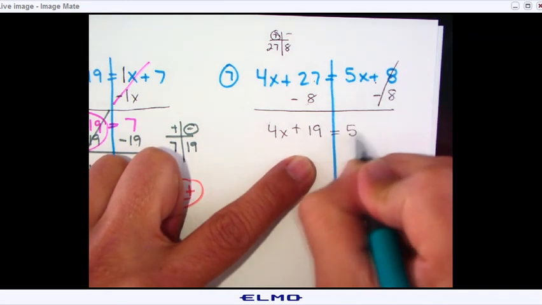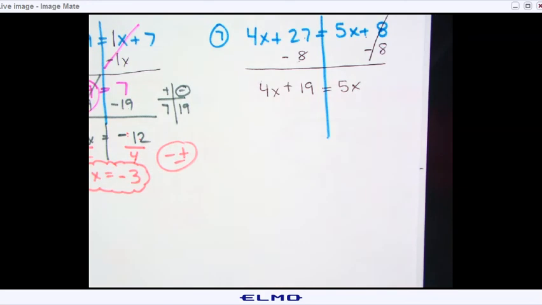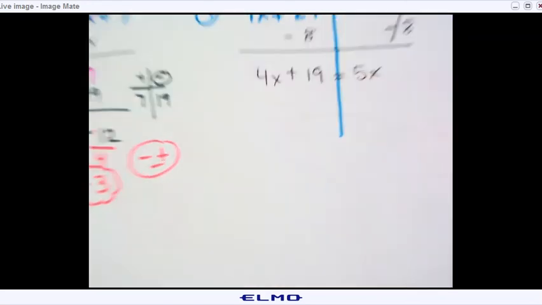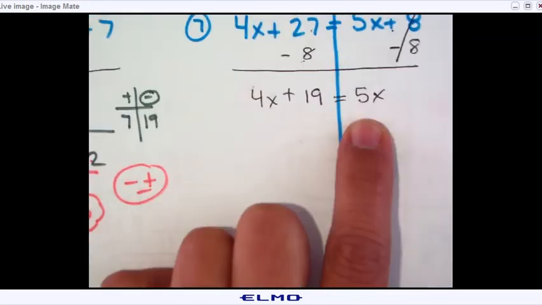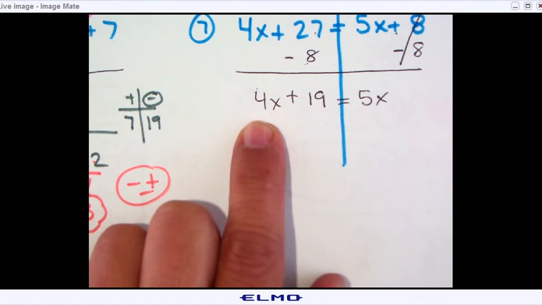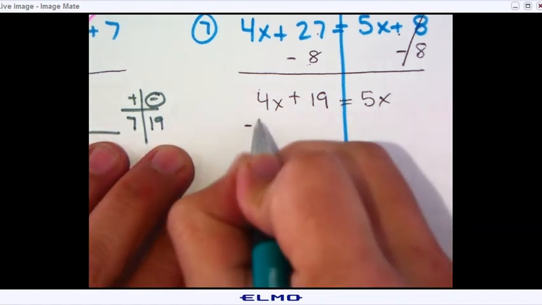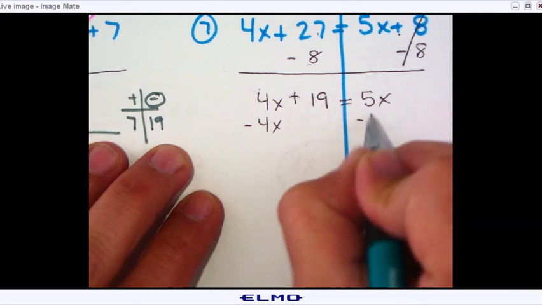Equals 5x. Now be careful with this, all right? Because you want a value on one side. Some kids will do minus 5x, and that's okay, but that's going to be 0, and you're going to have another step. So let's get rid of this 4x and put it on the other side. So minus 4x, minus 4x.